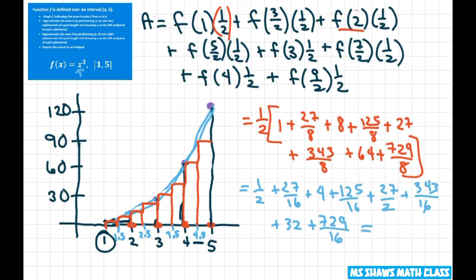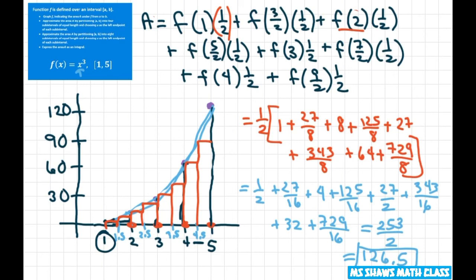Use a calculator here, or you can get the common denominator of 16, and you will get 253 divided by 2, which is about 126.5 would be the area. So this is actually a more accurate area.